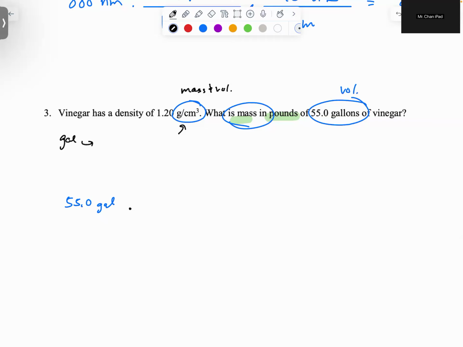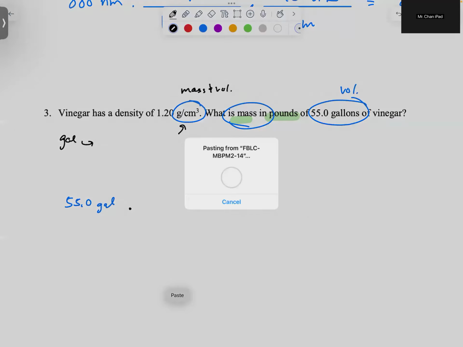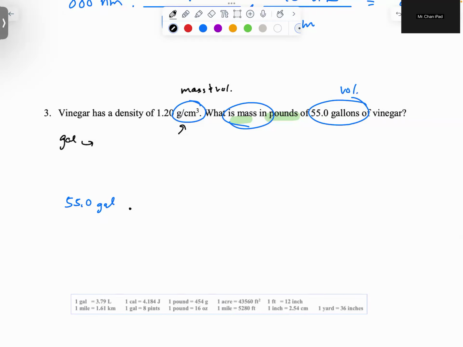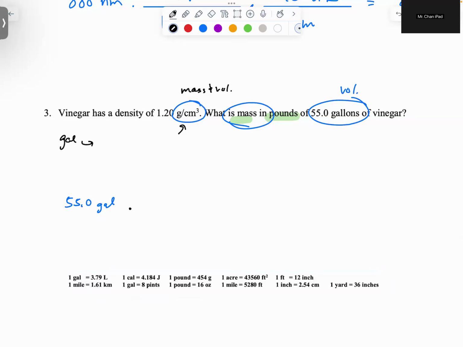Well, what do we know about the conversions at the top of the page? Well, 1 gallon is 3.79 liters. So we're going to go to liters, and 1 liter is 1,000 milliliters, and that's why earlier I told you about the equivalence between milliliters and cubic centimeters. They're the same.